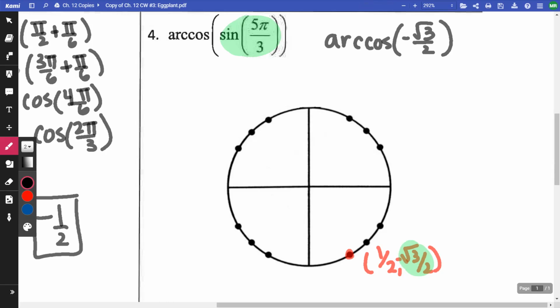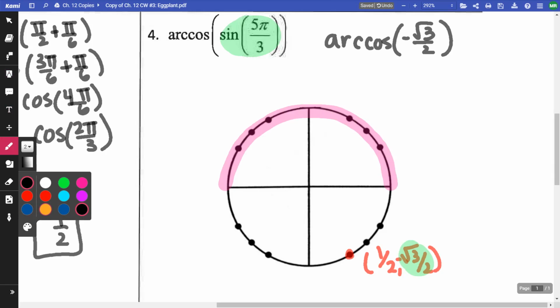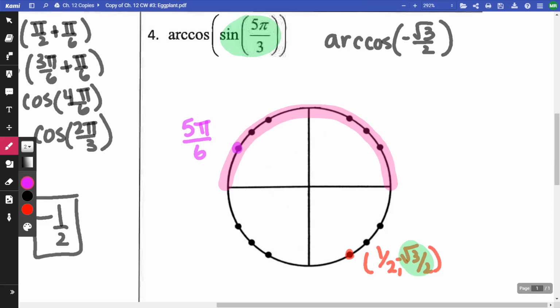When I'm dealing with my arc cosine, I am going from here to here only. And I want to figure out what angle is going to give me a cosine value of negative root 3 over 2. And that is going to be right here. So this answer is going to be 5 pi sixths. And that is my final answer.